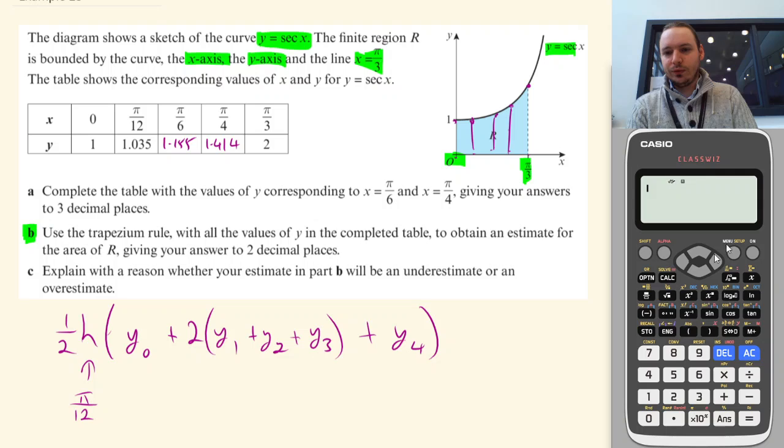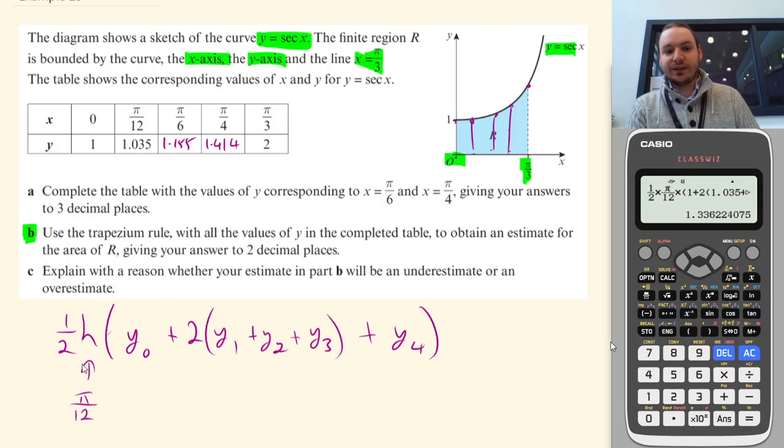So if I go back to normal calculator mode, I'm just going to type in half times h, which is pi over 12, times brackets, and then y0 is 0 plus 2 lots of, and then y1 is 1.035 plus 1.155 plus 1.414, close those brackets, plus 2, close those brackets, hit equals.